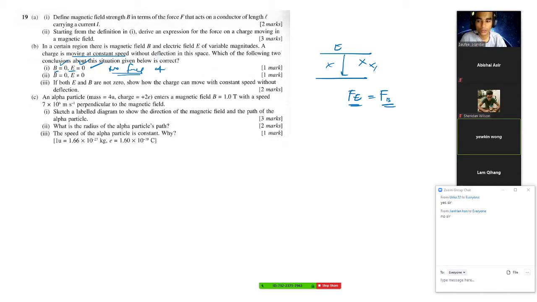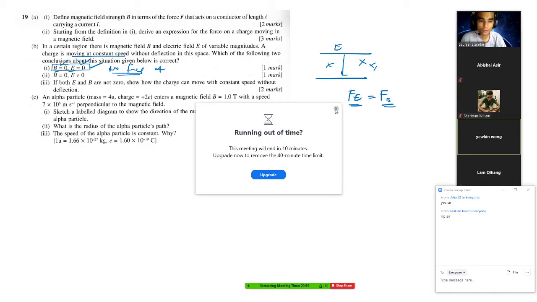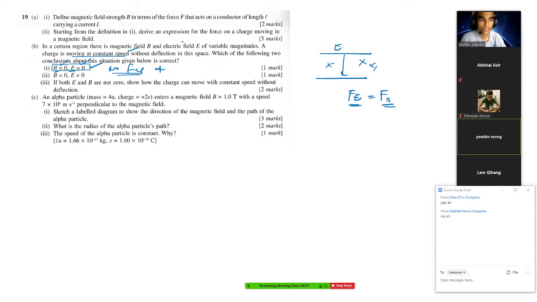So you cannot say B is 0 and E is 0 to have a constant speed. There can be values of B and E, but they are cancelling each other. Is this statement true or not? I already gave you the explanation here.